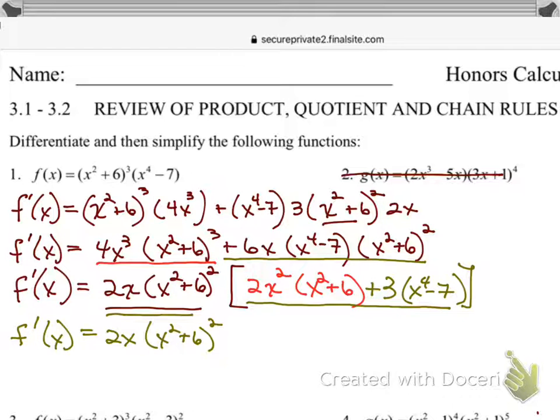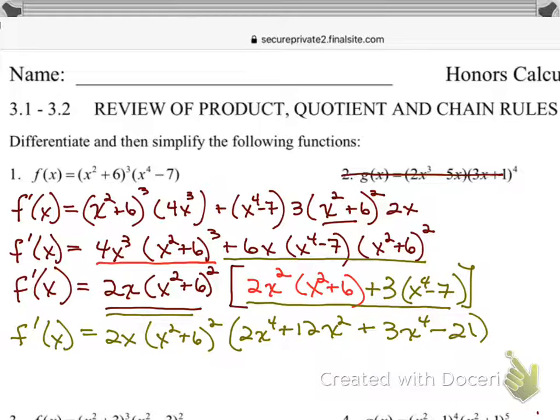Now I'm going to start putting them in parens, because I'm done with the greatest common factor factoring. So 2x squared times x squared is 2x to the fourth plus 12x squared, continuing, plus 3x to the fourth minus, careful here, 21.